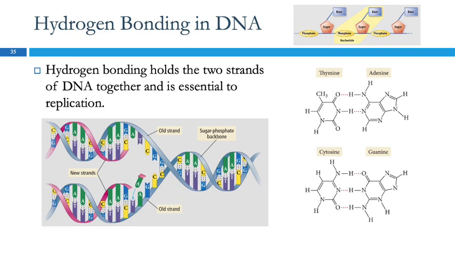Hydrogen bonding is very important in biological systems. Here's an example, your DNA. So DNA is composed of two strands that are held together by hydrogen bonding.